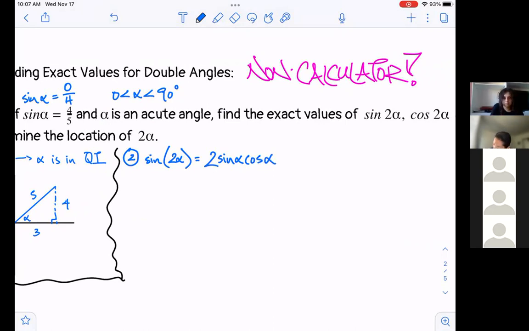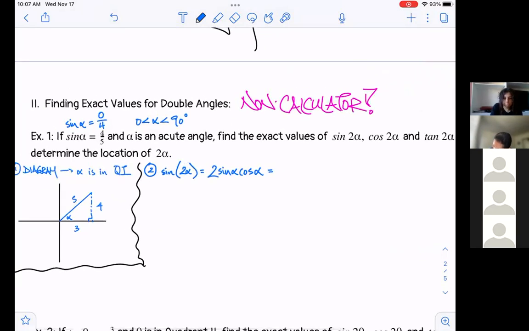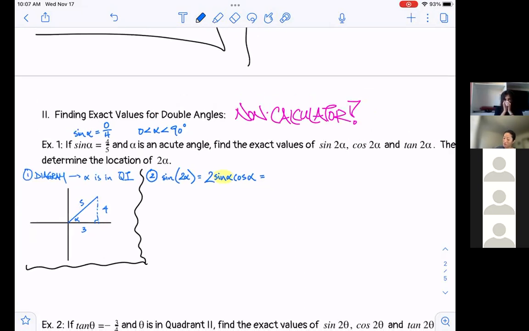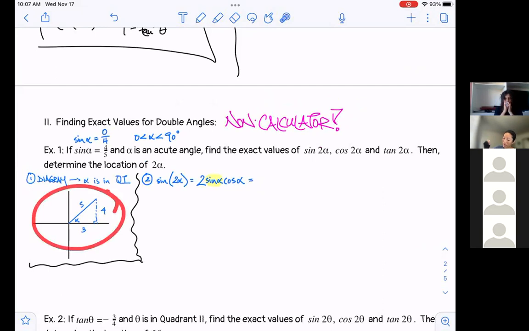Great. All right, so let's actually use our diagram to plug in some values. All right. What can I put in for sine alpha? Can you use the 4? You cannot use the 4, but you can use this diagram and think about what you know about right triangles.